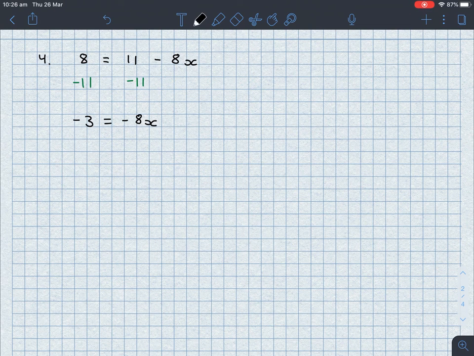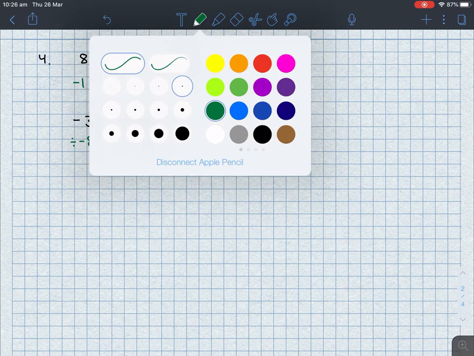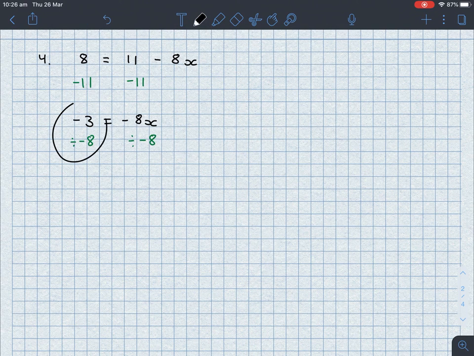Okay, from there, I'm going to get rid of the other number that's next to x, and this is negative 8. So I'm going to divide both sides by negative 8 rather than just 8. So that negative sticks with the number that it's in front of. Then, over on the left, I'm going to end up with a fraction.